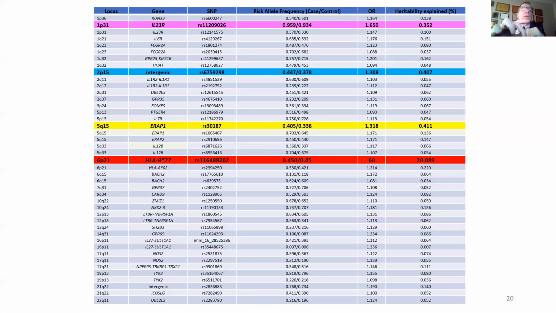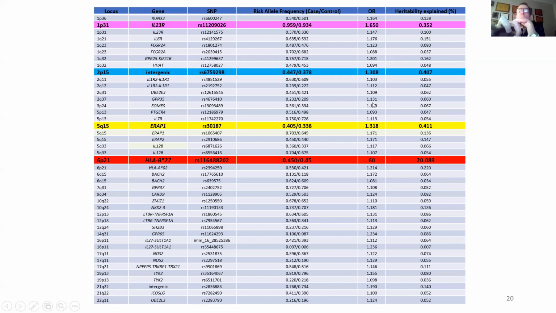Of course, the issue here, and this is an older slide looking at SNPs that we reported back in 2013 in collaboration with Matthew Brown's group, who at the time was in Australia. I want you to look at the odds ratios here. This is B27 and associated genes in the MHC, the 600-pound gorilla in the room here, with an odds ratio of 60. Look at the odds ratio for the other genes.